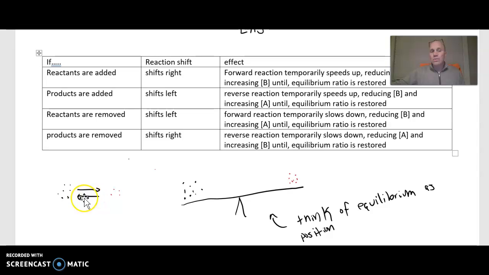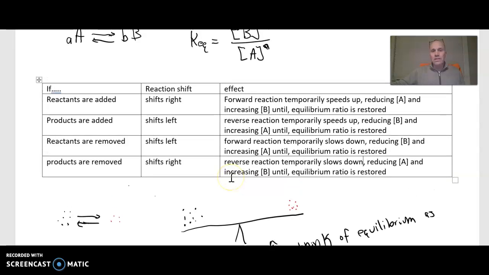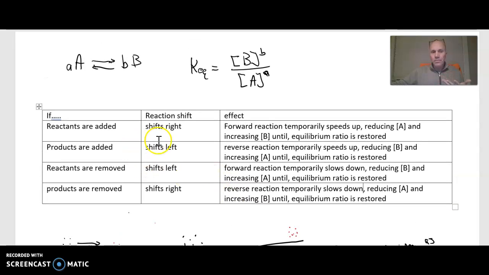But as long as those rates are balanced, once this thing's at equilibrium, if one black thing became a red thing and one of the red things became a black thing, it doesn't change the amounts of these. As long as for every one of these that goes this way, one comes back over here, things stay balanced.